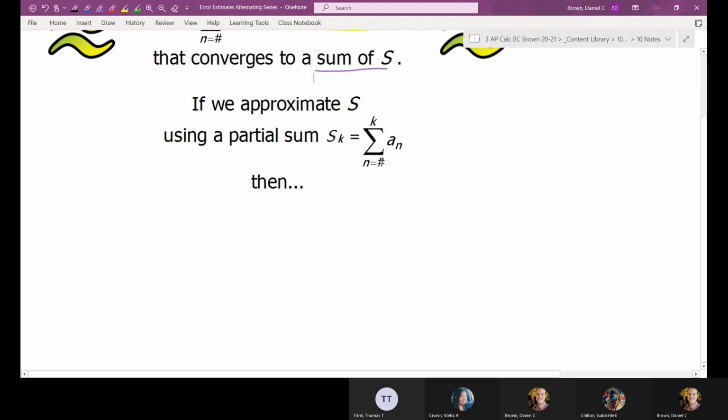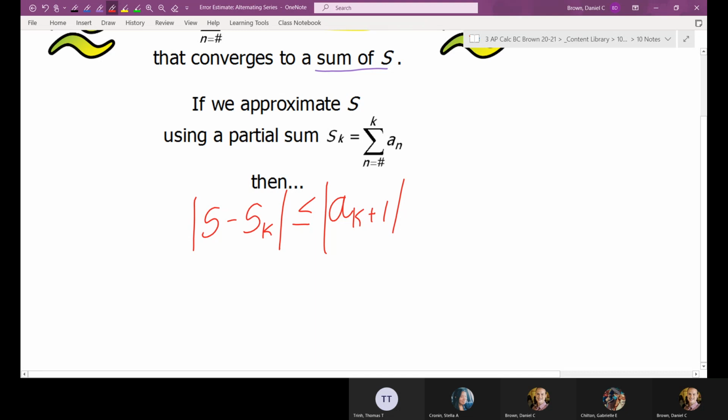I'm going to write it both verbally and in the notation. The formula is the absolute value of s minus s sub k is less than or equal to the absolute value of a sub k plus 1.